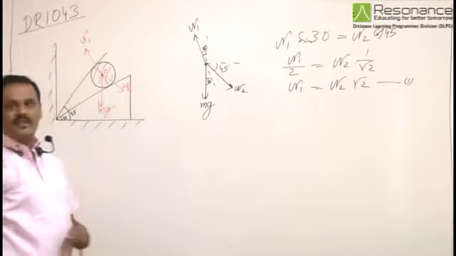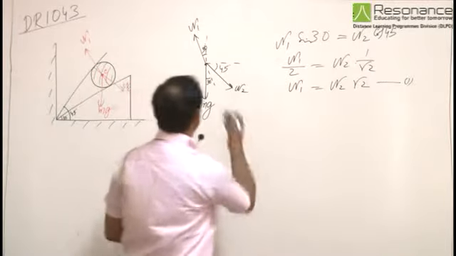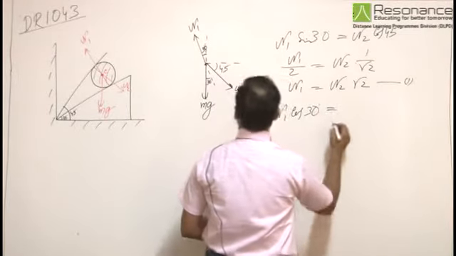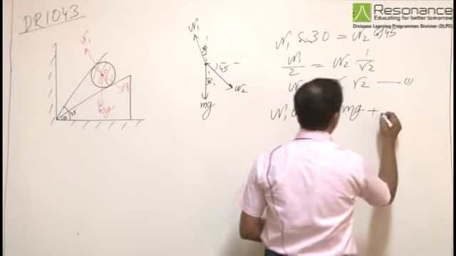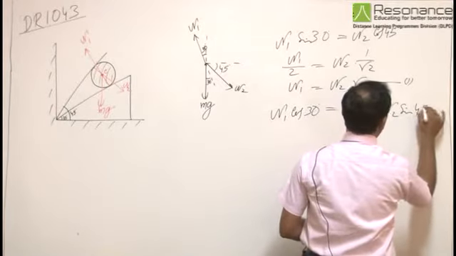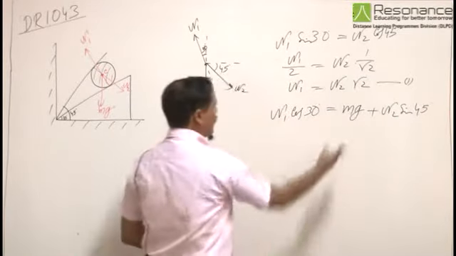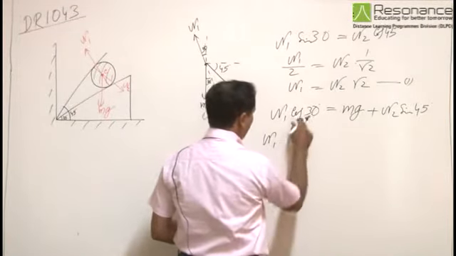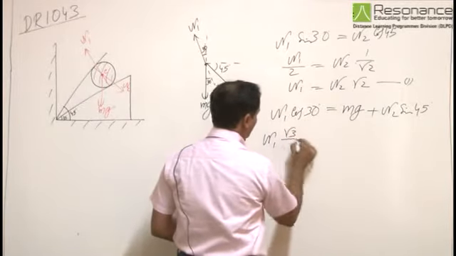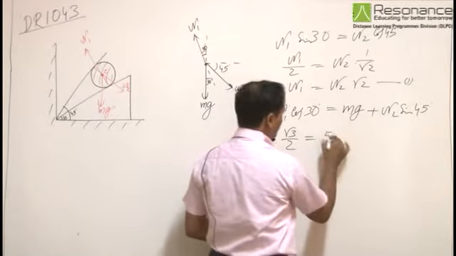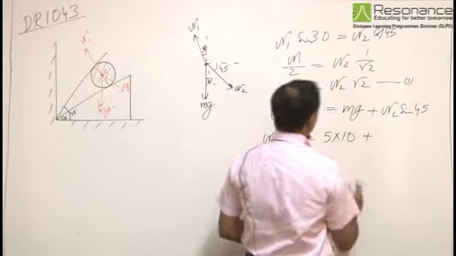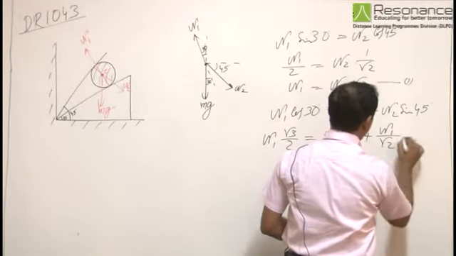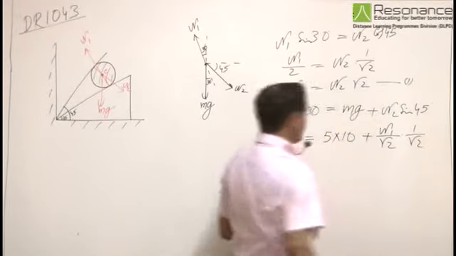Now balancing forces in the vertical direction, we can write N1 cos 30 is equal to mg plus N2 sin 45 degree. Now if I put the value of N2, I can write N1 cos 30, that is root 3 by 2, is equal to m is 5 kg, g is 10, plus N2 is N1 by root 2 into 1 by root 2.